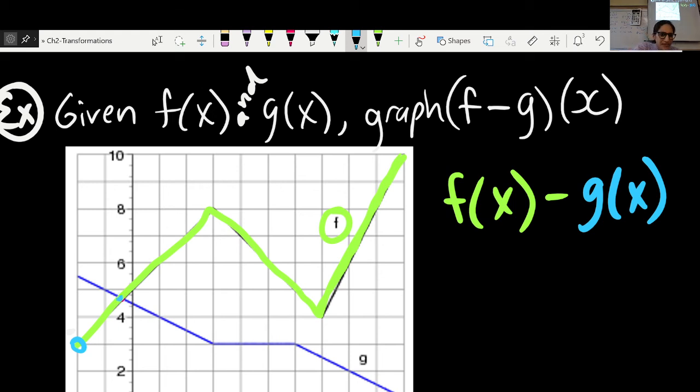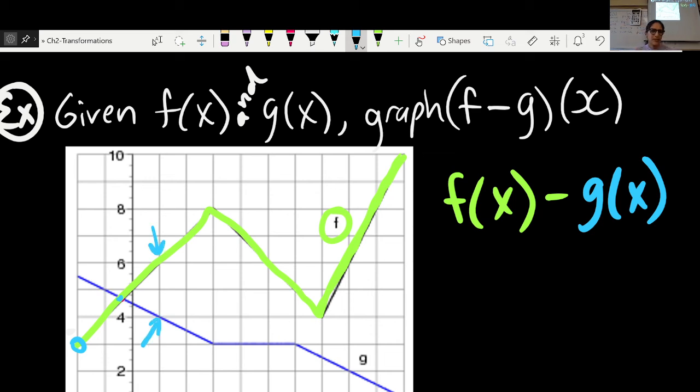What about here? If they're crossing, what's my new y value? 0. I'm subtracting them, right? So I know that my new y value here is going to be 0. Then I want to go to another point where it looks like they're right on a whole number.